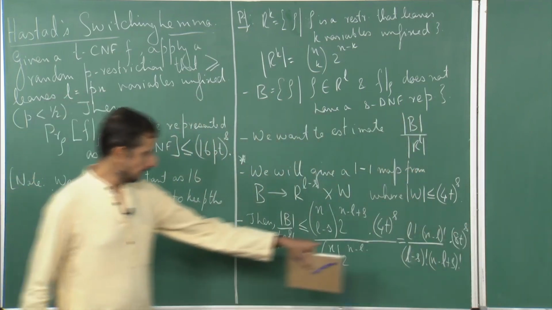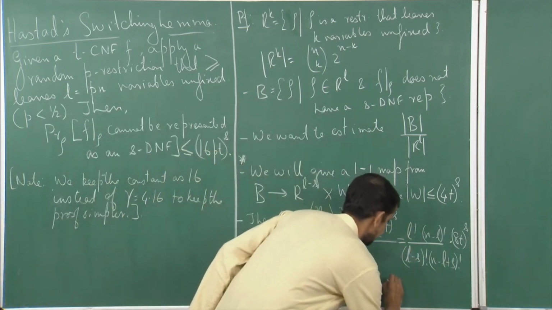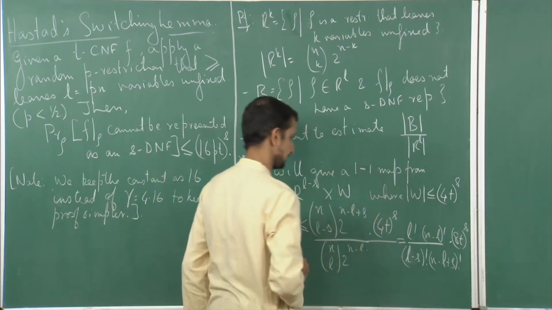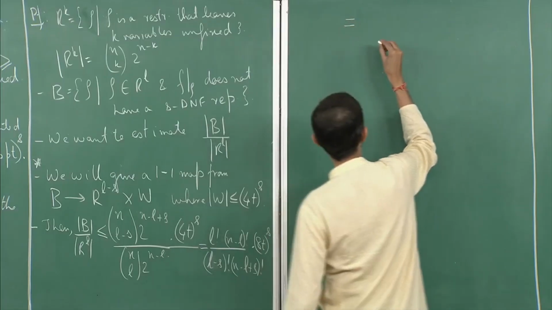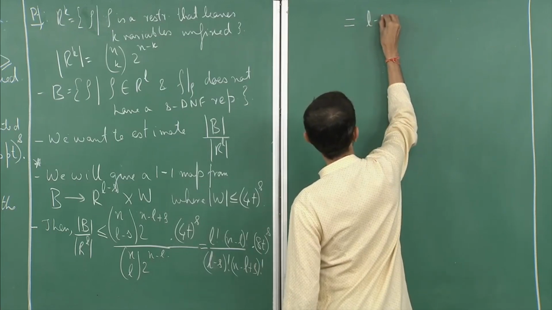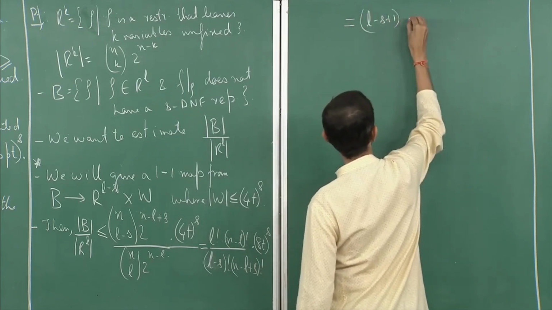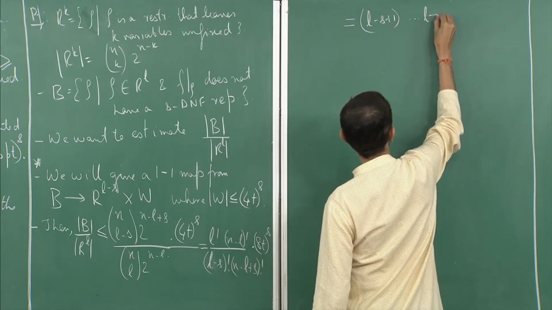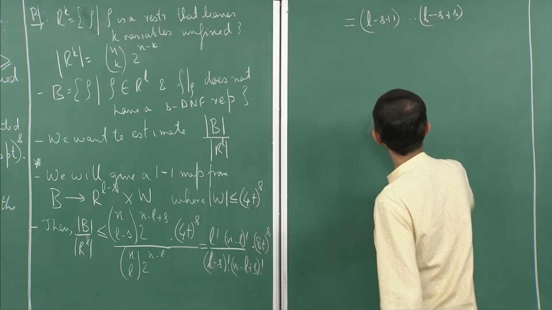Okay. How can I represent this? Note that we can write this as L minus S plus 1 up to L minus S plus S. So, the product of these terms.